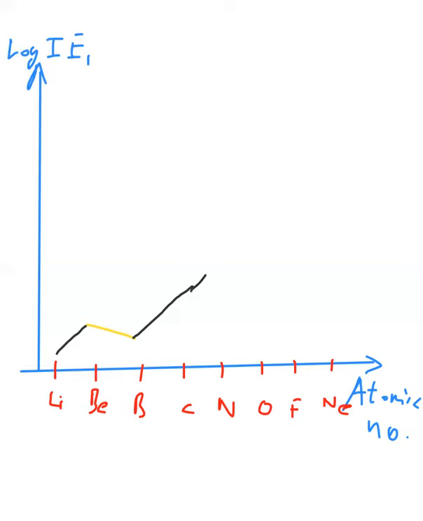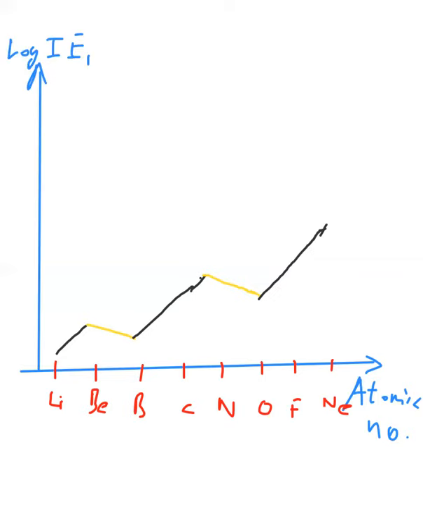And again, at oxygen, there's a small dip. This dip is because of the spin-spin repulsion and because of the half-filled, full-filled orbital concept. Then after oxygen, for fluorine and neon, the ionization energy increases. And always the group 18 elements have the highest ionization energy in a period.